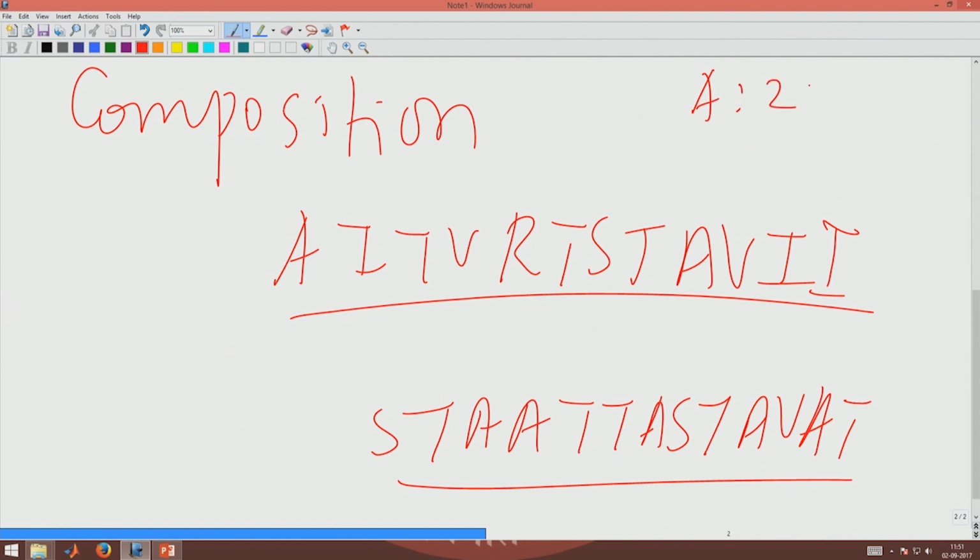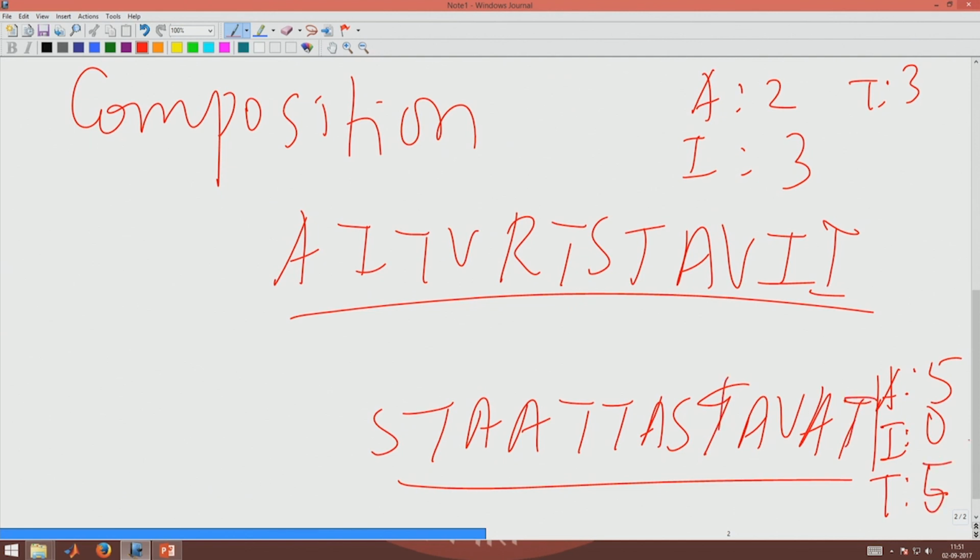I, 3 times. T, 3 times. In this sequence, how many times does A occur? 5 times. I, 0. T, 4 times. 1, 2, 3, this is T, then this is 5, 5 times.